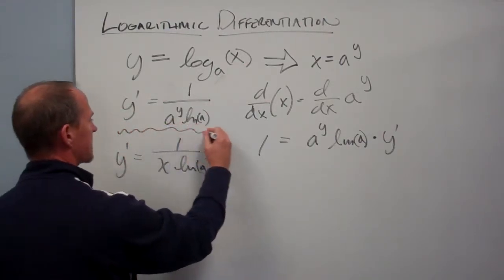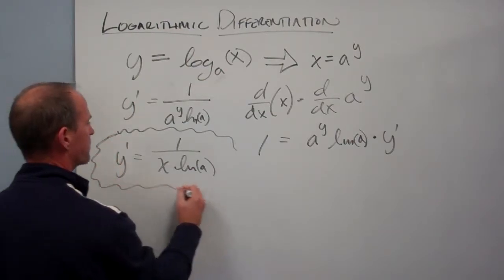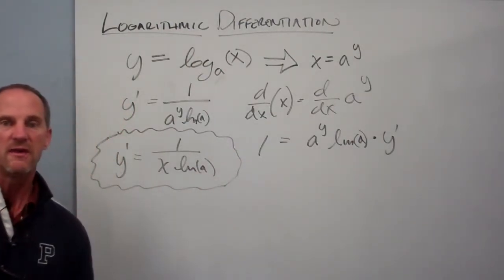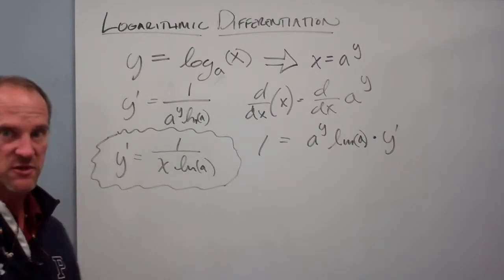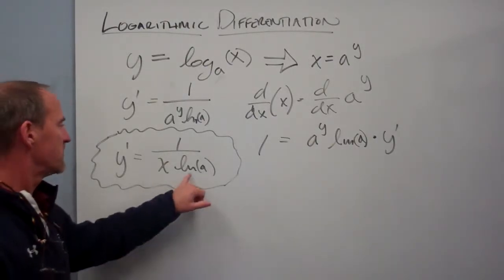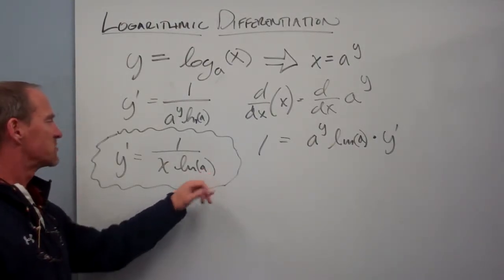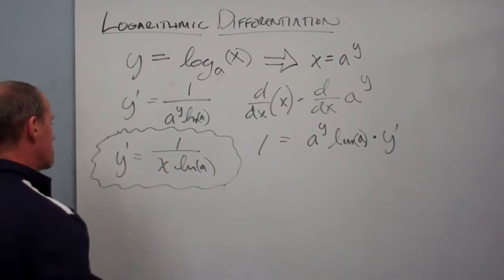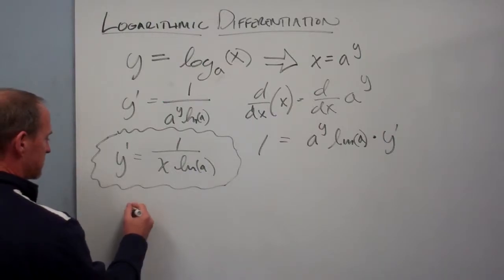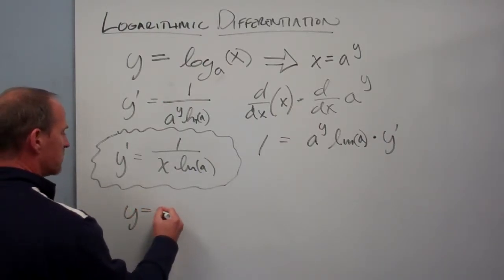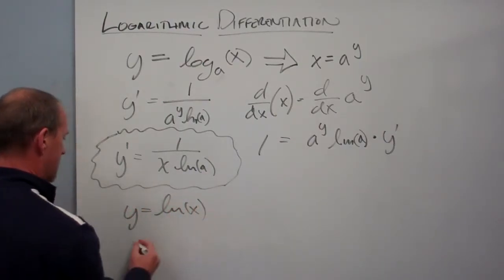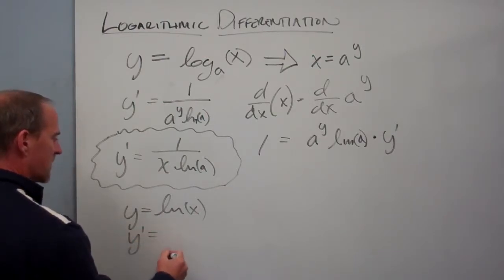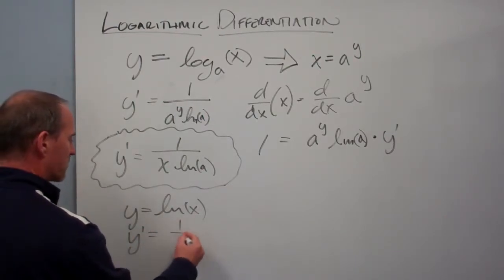So this is our generic formula, but if we have a choice as to what base we use, we're going to make that base e. Then we would just have the ln of e, which goes away. So a very important relationship is that if y equals the ln of x, then dy/dx is just 1 over x.